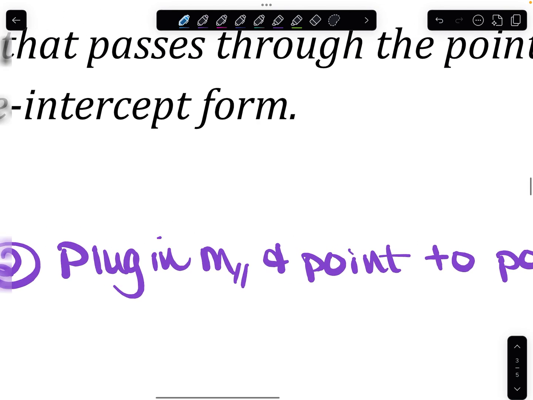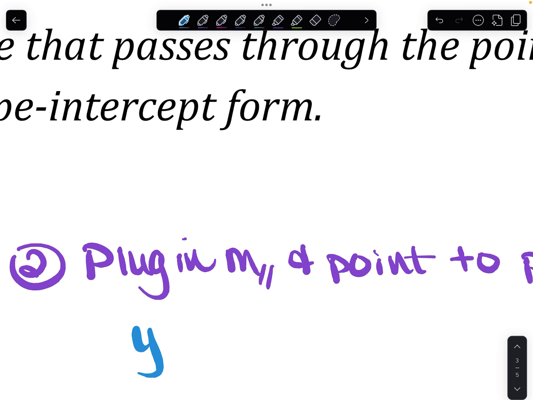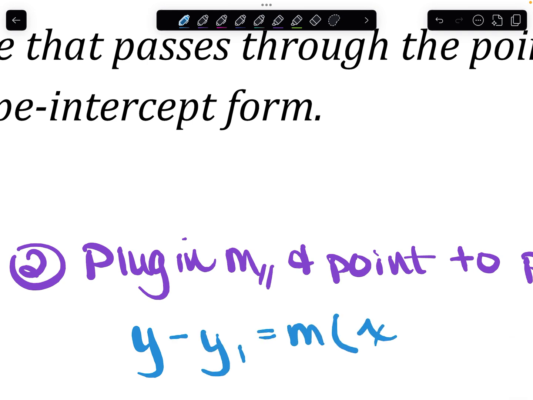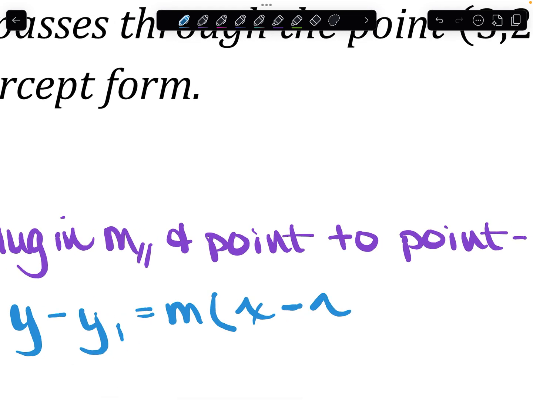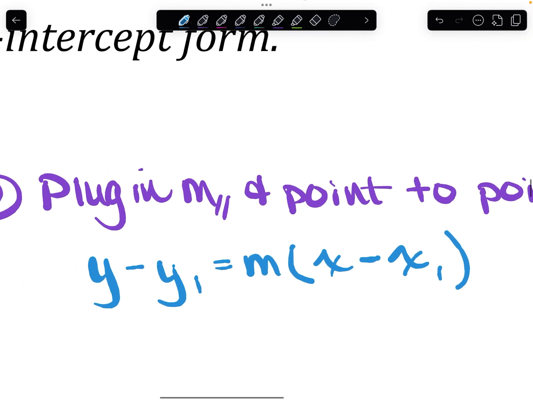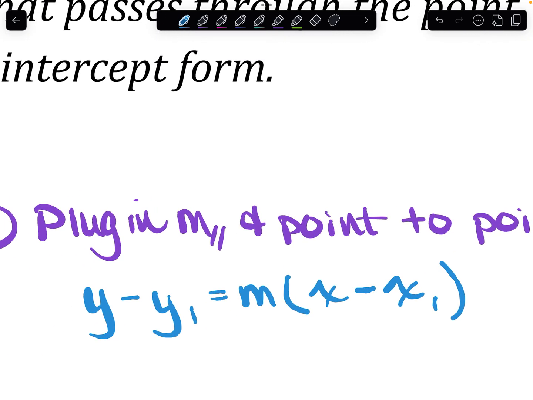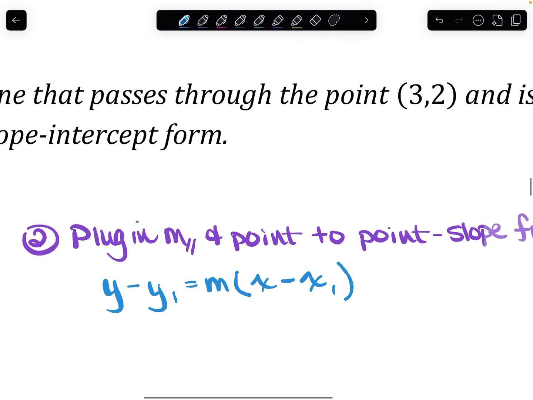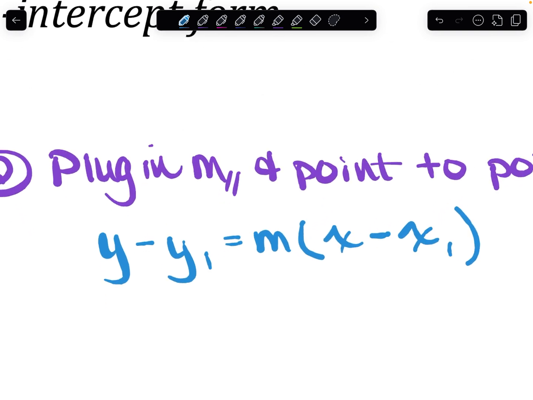All right, so point-slope form: y minus y1 equals m times the quantity x minus x1. Our point is (3, 2), so 3 is x1 and 2 is y1.